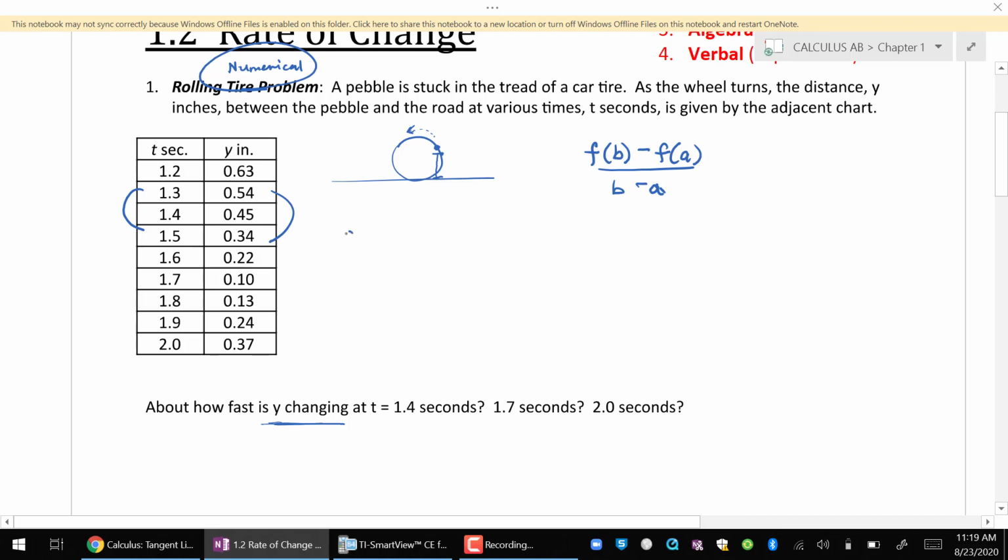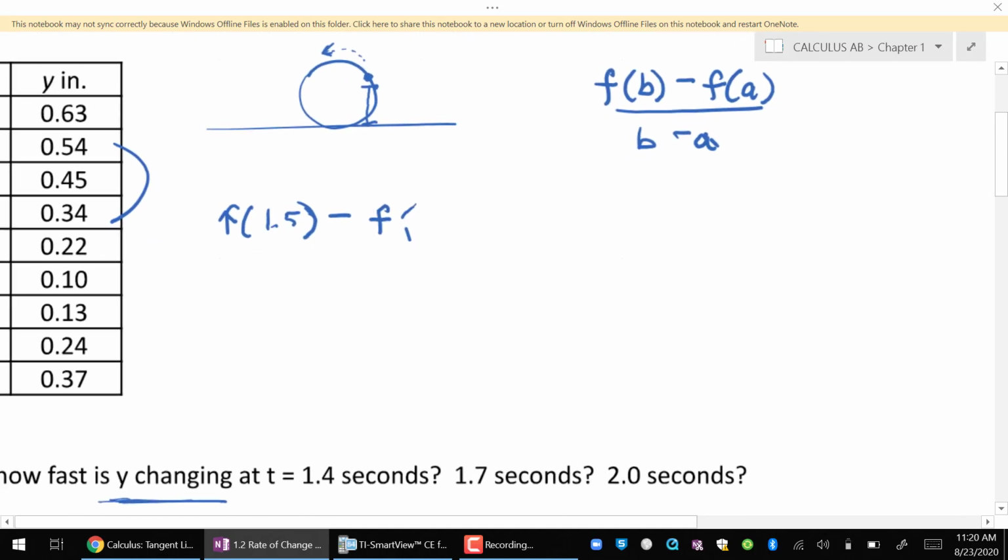So f of 1.5 minus f of 1.3, all divided by 1.5 minus 1.3.